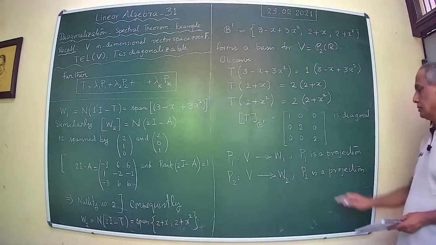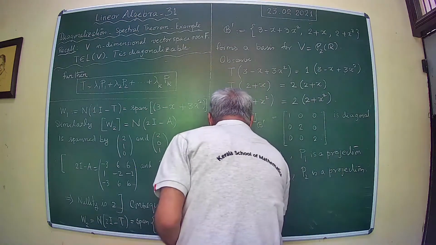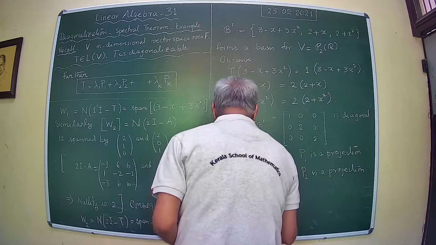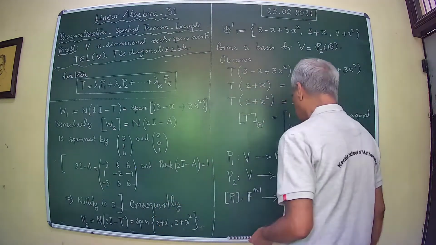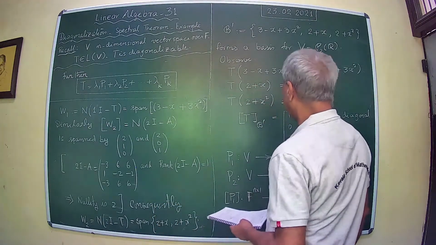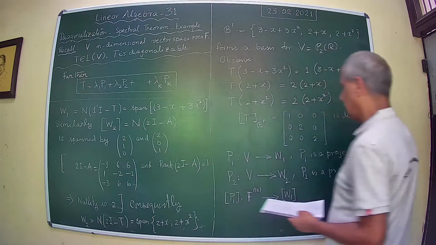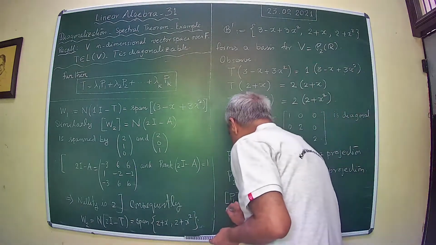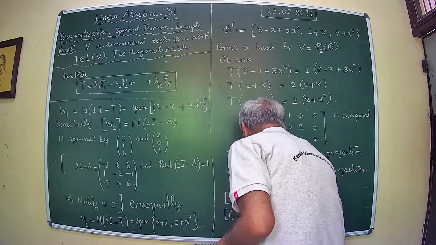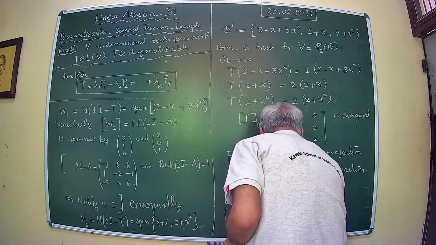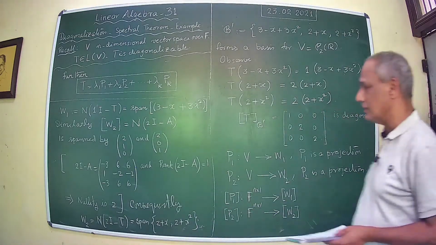Okay, this is the general scenario. So what we are working is P1 from V to the space spanned by, so let me write this, and then P2 from V to W2. So W2 we have written out what exactly it is.